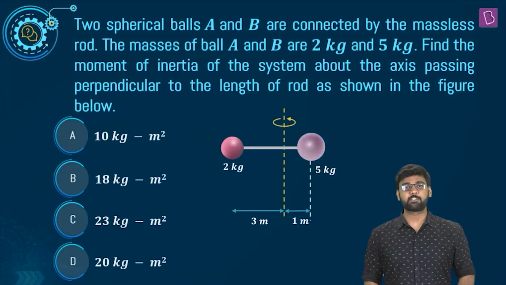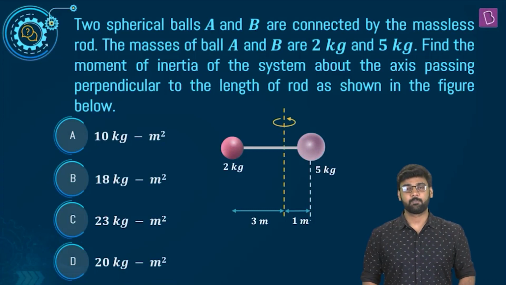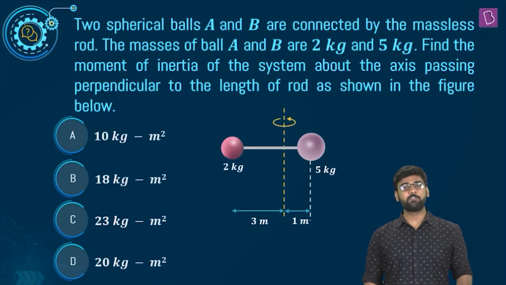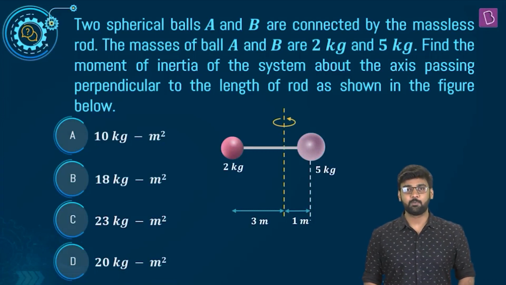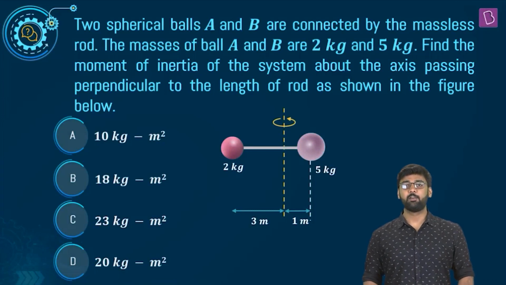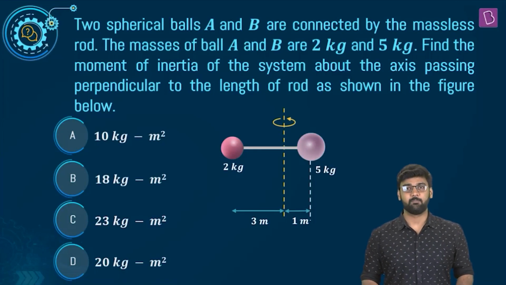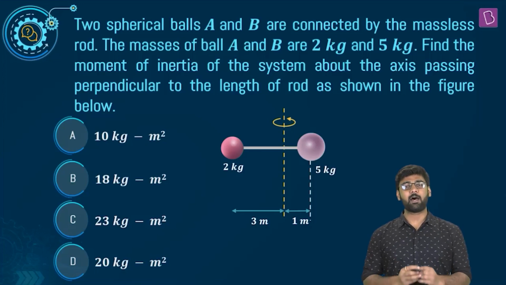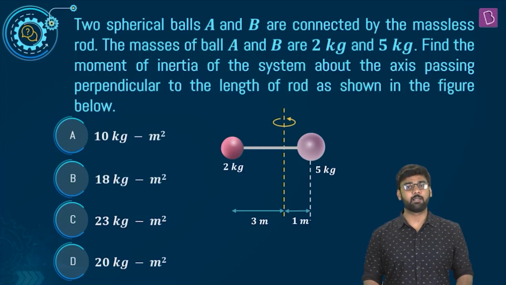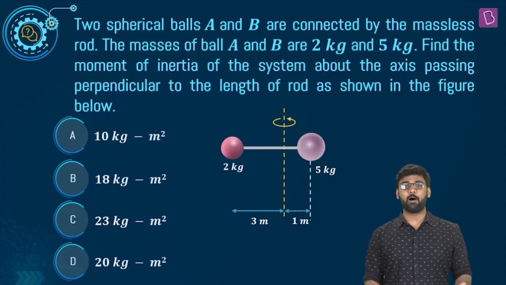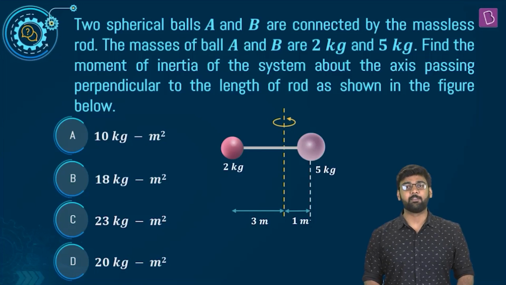So here is another question on moment of inertia. In this question, we have two spherical balls A and B whose masses are given to us as 2 kg and 5 kg. And these two balls are connected with the help of a massless rod. We need to find the moment of inertia of this system about the axis which is given in the figure.